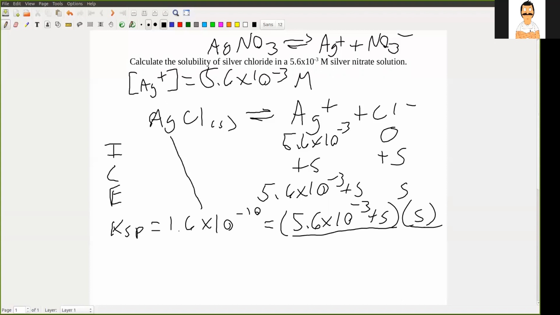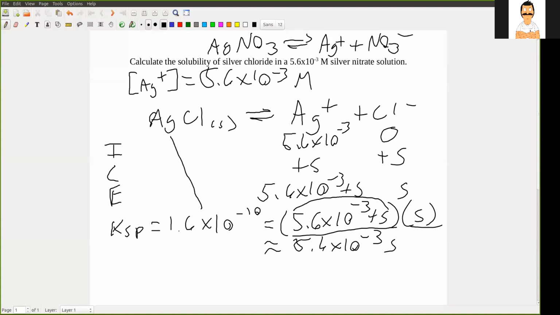Okay. If we assume that S is going to be something very small, which it will be, we have that ability. In this case, we can just take this term to be approximately 5.6 times 10 to the minus 3 times S. So it's just S. So we're just making the assumption that this component here is no longer plus S. It's just the initial concentration.